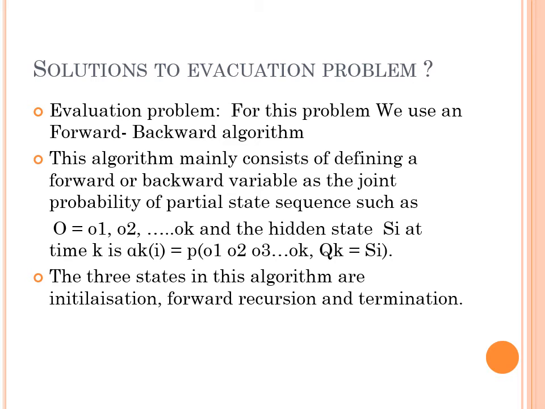Right. So what is the solution for the above? For the evaluation problem, we can use the forward-backward algorithm. This algorithm mainly consists of defining a forward as well as a backward variable, that is, a of i comma j is the forward, and a of 2 comma 1 is the reverse.